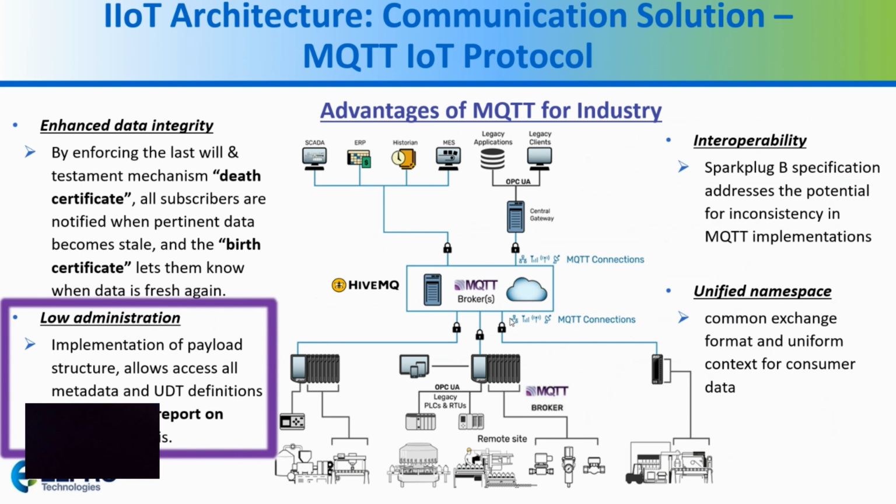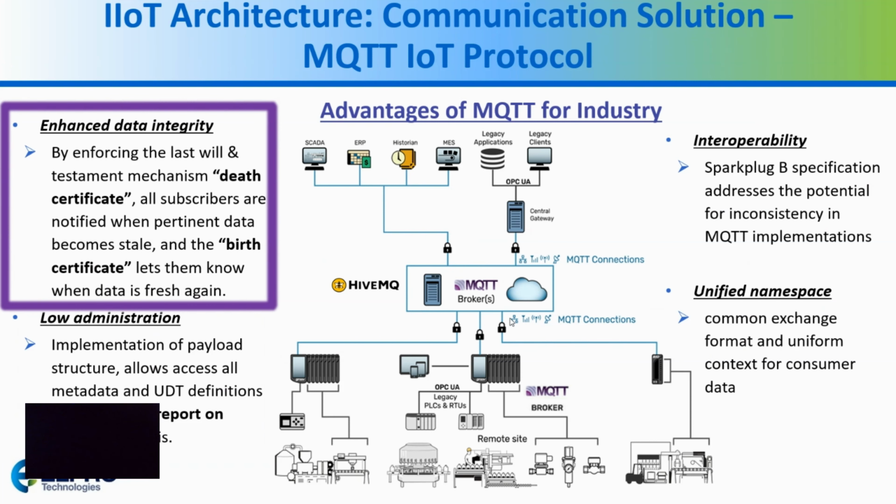So on the low administration as an advantage over other communications, MQTT, as I mentioned, just reports its information when it changes. It also has data integrity, where if it makes a connection via the keep alive mechanism, it'll create a birth certificate.